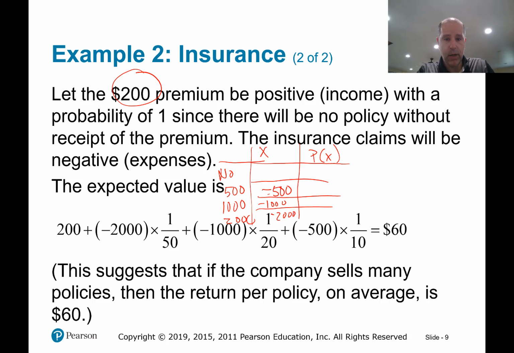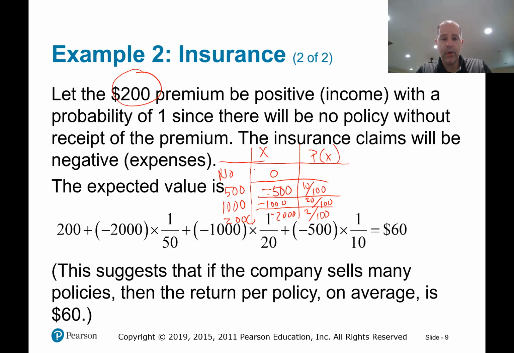And the corresponding probabilities: the $500 one is 10 out of 100, because it's 1 out of 10. The $1,000 claim would be 20 out of 100. And the $2,000 claim would be 2 out of 100. The reason I do it out of 100 is just to make it easy to find the final probability, which is no claim, where the company is out zero money.